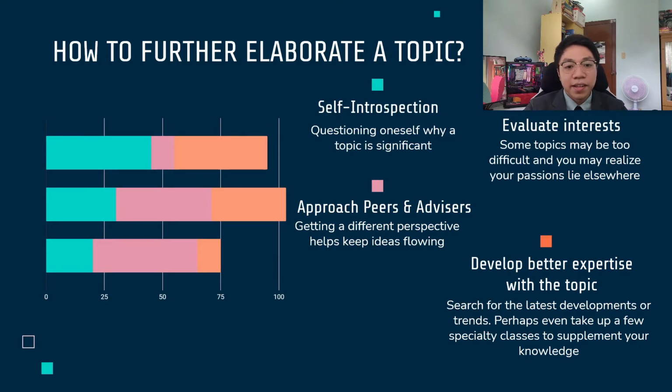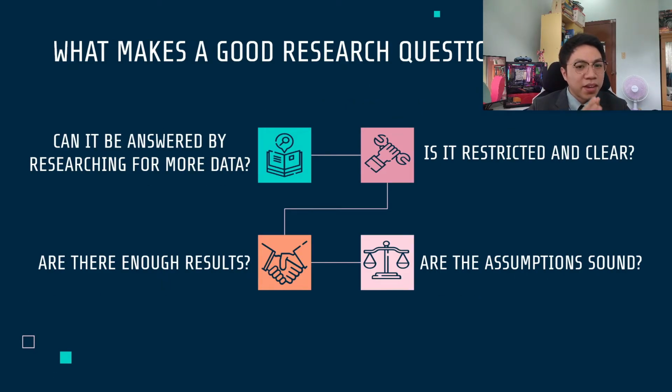And finally, if all else fails, the researcher can always develop better expertise with the topic. This could be through searching the latest developments or trends, or perhaps taking specialty classes to supplement the knowledge of the researcher. What makes a good research question?